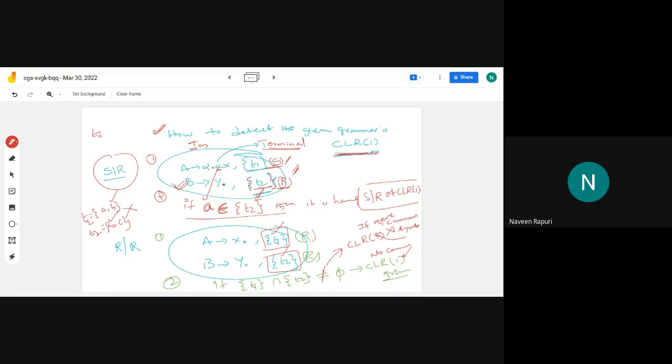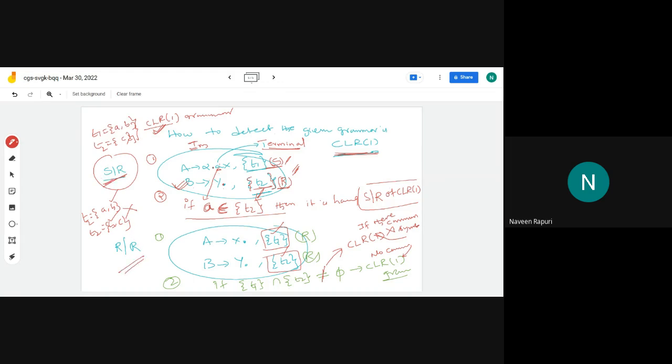Suppose T1 equals A comma B and T2 equals C or C comma D. Then this is a CLR1 grammar. So this is the way of finding whether the given grammar is CLR1 or not. CLR1 grammar means it should not have an SR conflict or an RR conflict.